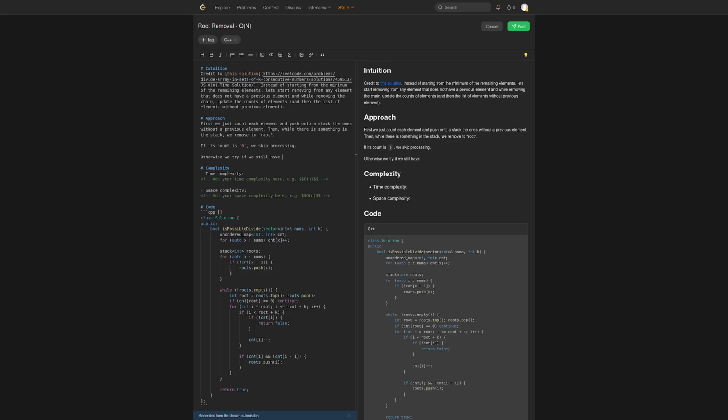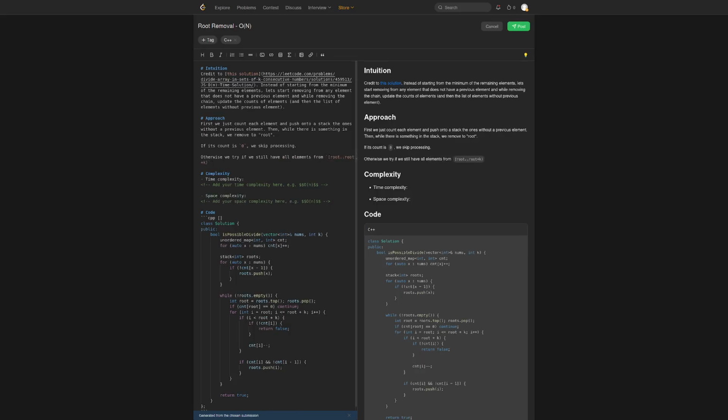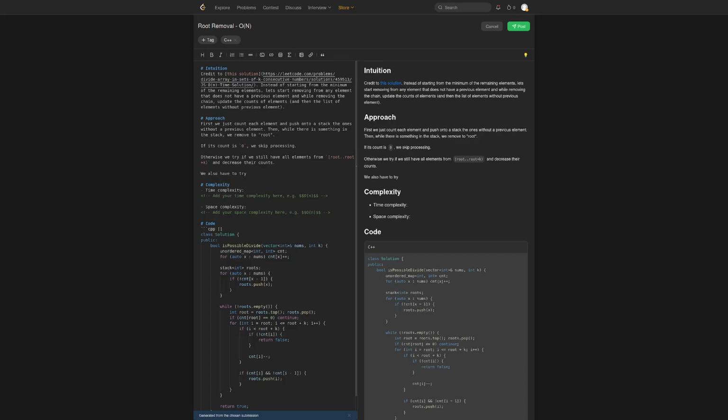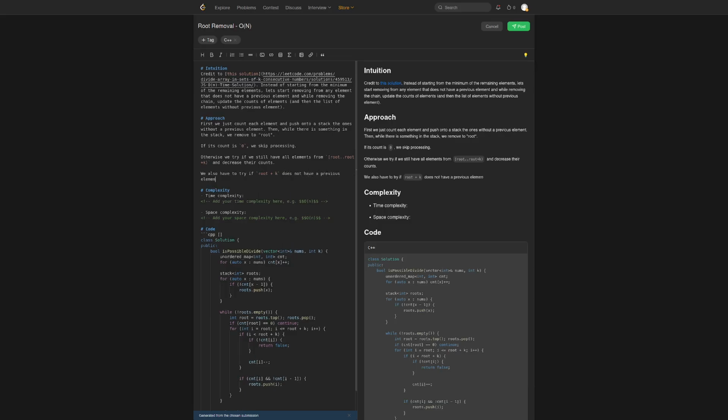If we still have all elements from root plus k, we decrease their counts, and we also have to check if root plus k does not have a previous element.